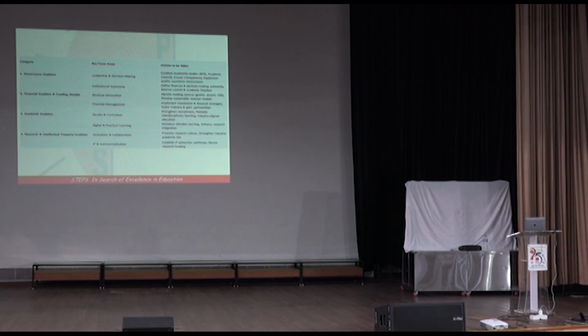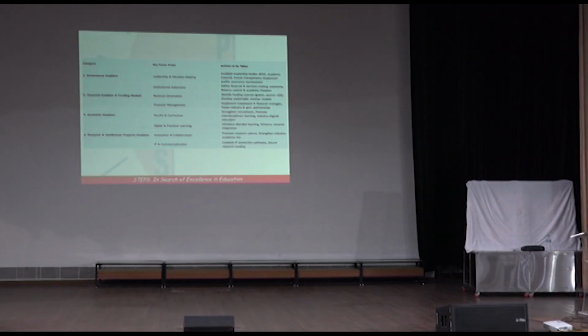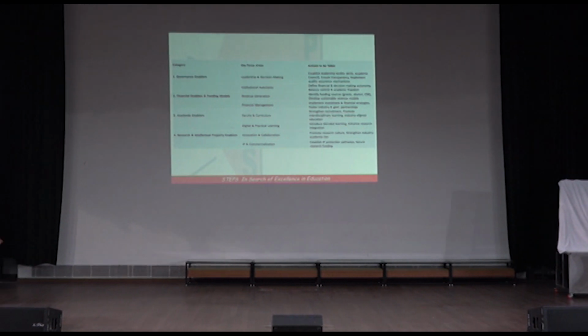Research and intellectual property covers innovation and collaborations, where they talk of promoting research culture and strengthening industry-academia cells. Then IP and commercialization: establish IP protection pathways, secure research funding. We did a lot of things in MAIMS, but we have not yet started working along these lines in MAIMS. I think we need to work on these lines.